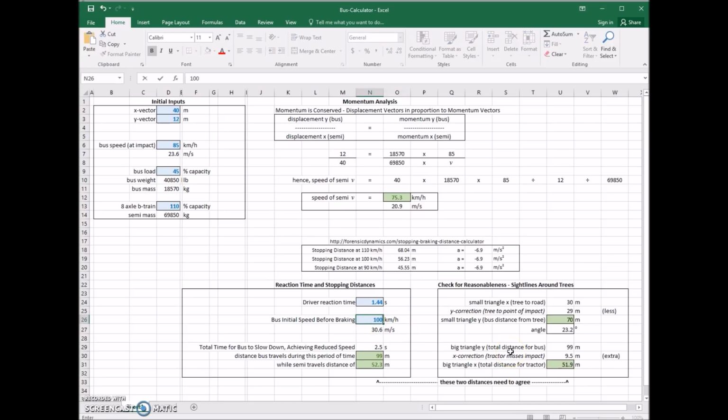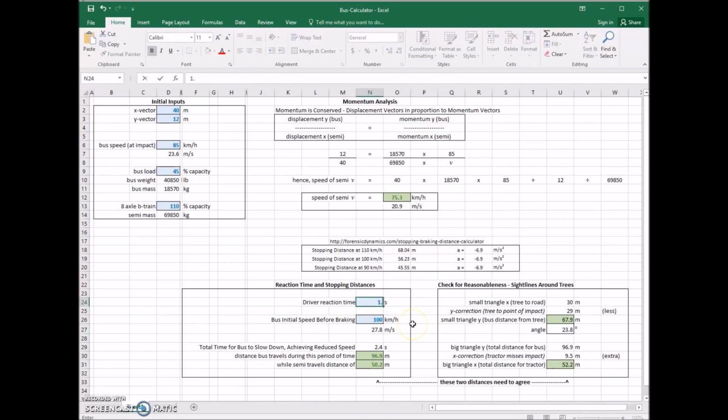I could have the bus going 100 too, but that makes it longer here. Let's see here. If the bus is doing 110, let's have the bus only doing 100 because it makes this not so long.